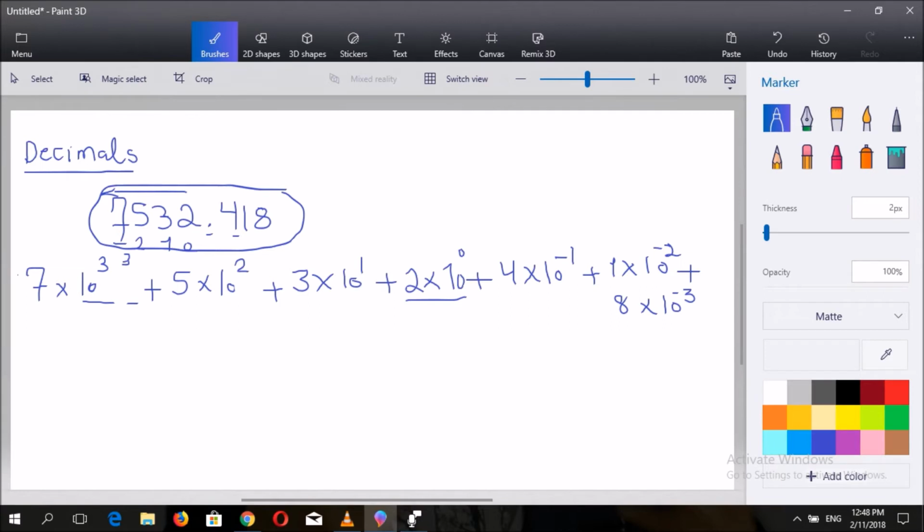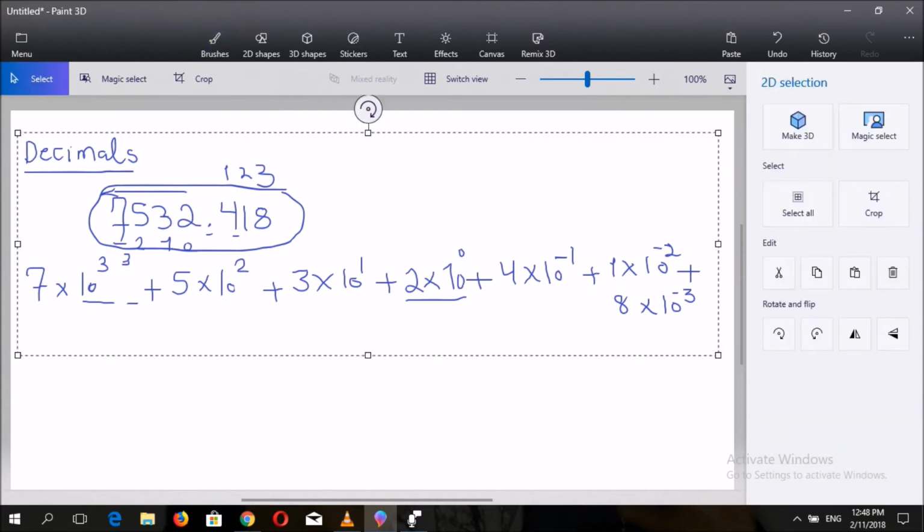How about 100? 100 is 10 raised to the power 2, right? 10 is an exponent which has the power 1, right? How about 1? 1 is an exponent which has the base of 10 and the power of 0, and so on and so forth.